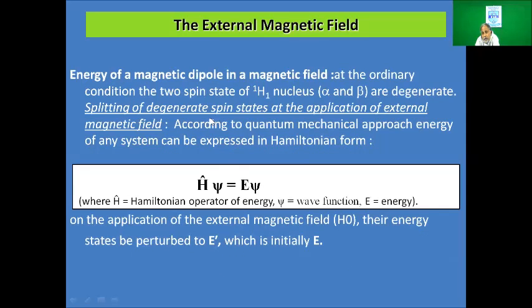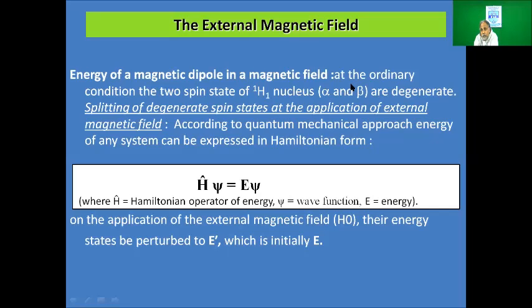Now, when we compare whether a reaction will take place or not, whether a system will go from here to there or not, energy is the coin. So energy is very important, and we have to consider the energy of the magnetic dipole in the field. I have already told you that NMR, or nuclear magnetic resonance, is an example of absorption spectroscopy, and it basically has two types of spin.